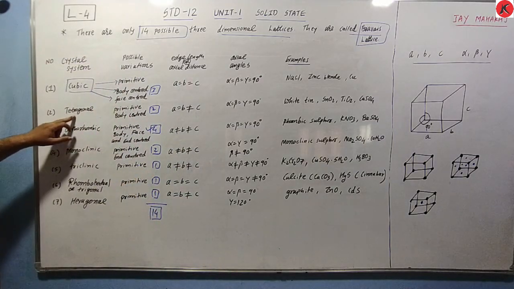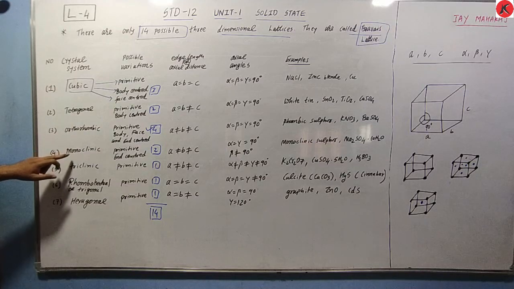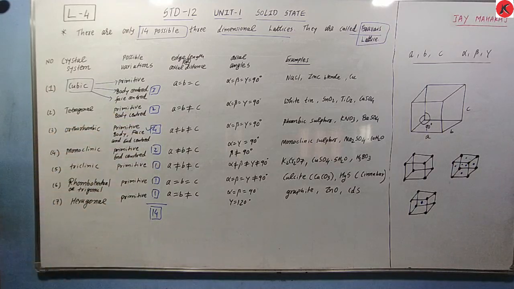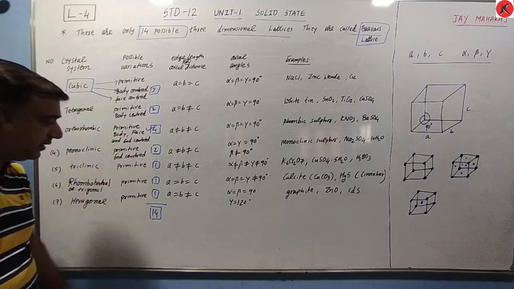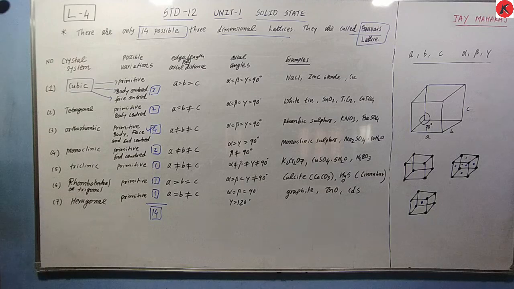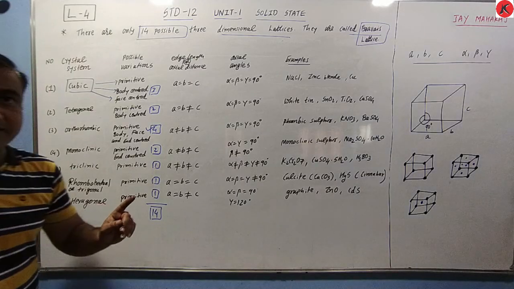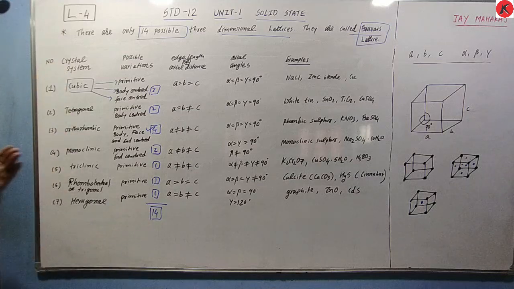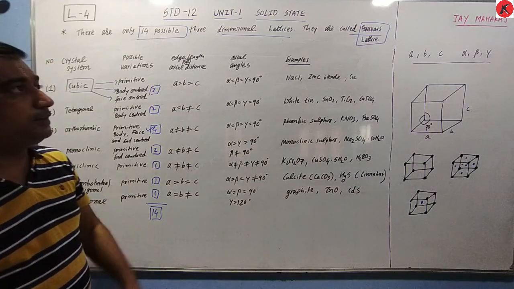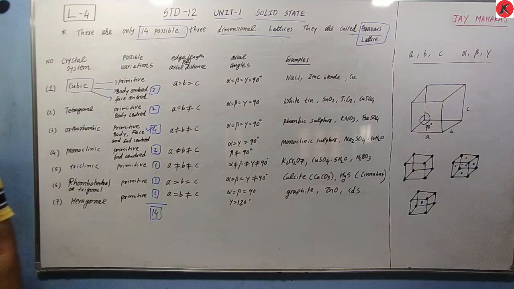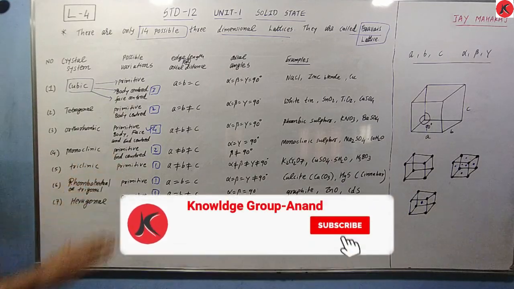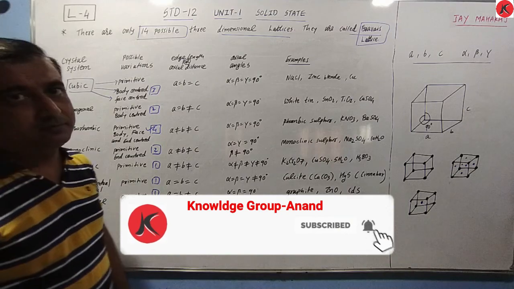And in the tetragonal and monoclinic systems, there are two types of variation. In this way, we can derive the 14 Bravais lattices. That means our aim to identify the 14 Bravais lattices is completed. I think the topic will be clear for you. Thank you.